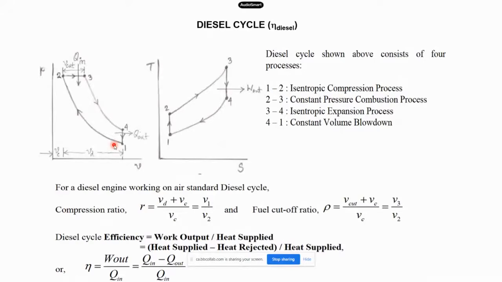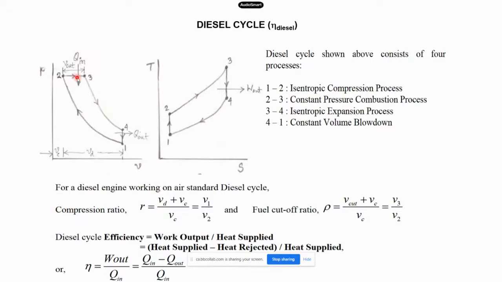So the difference between the diesel cycle and the Otto cycle is that in the Otto, the heat is added at constant volume, but for the diesel cycle, heat is added at constant pressure. That is all. And then we have what we call the cut-off volume or cut-off ratio.